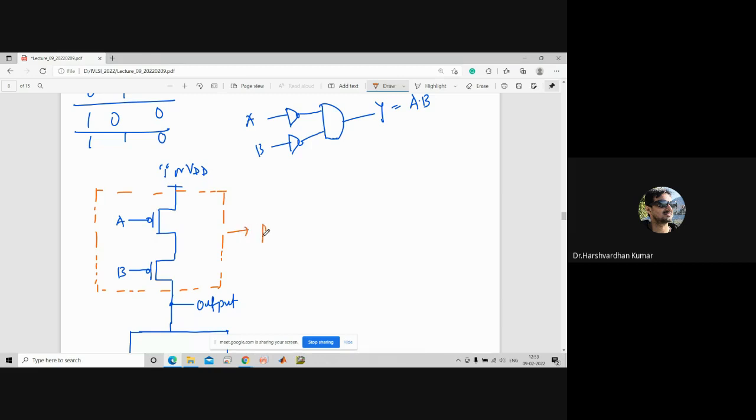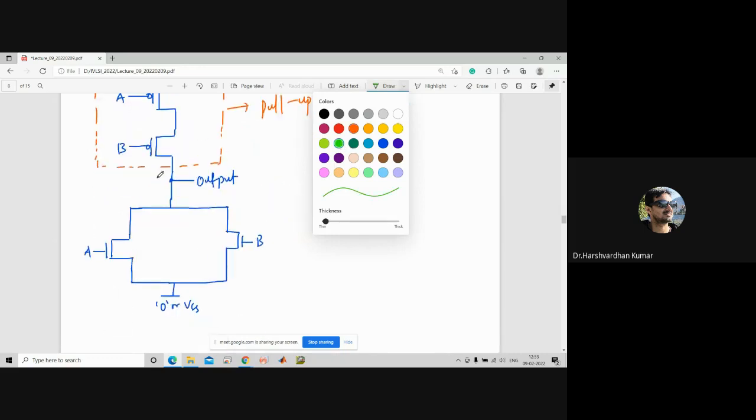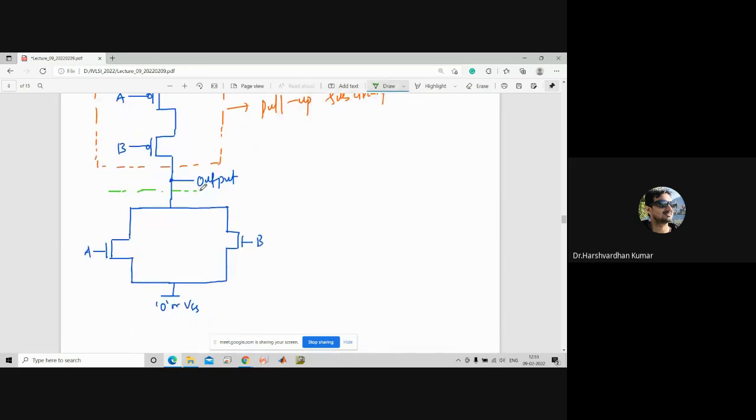So this is the pull up subcircuit, and the lower one is known as the pull down subcircuit.